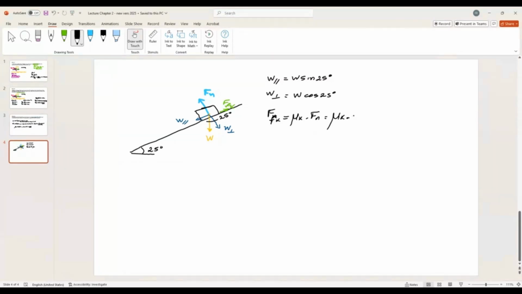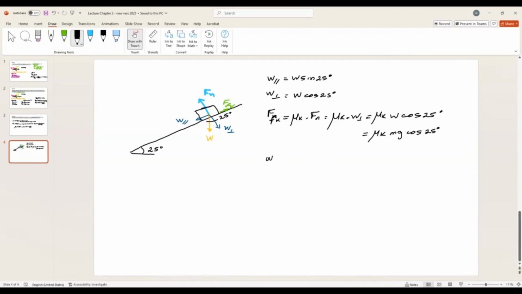The normal force is equal to W perpendicular. So it's mu sub k W perpendicular. W perpendicular is W cosine of 25 degrees, and W is mass times gravity, so it's mu sub k mass gravity cosine of 25 degrees. This is the force of kinetic friction.